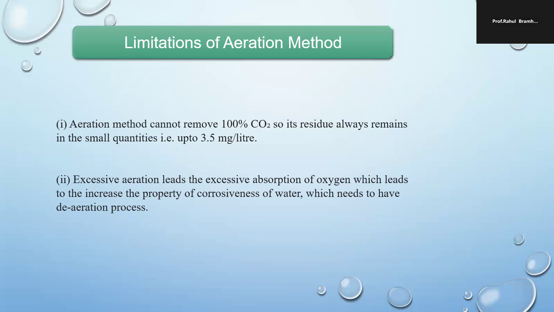With the help of aeration we cannot remove 100% carbon dioxide. The next limitation is that excessive aeration leads to excessive absorption of oxygen, which increases the corrosive property of water, which needs a de-aeration process.